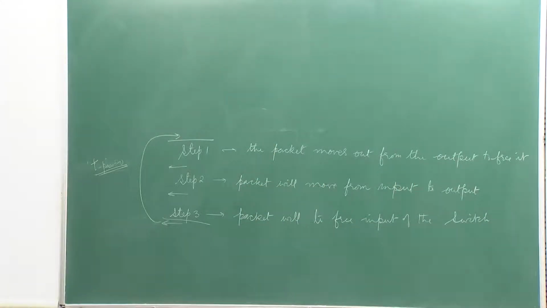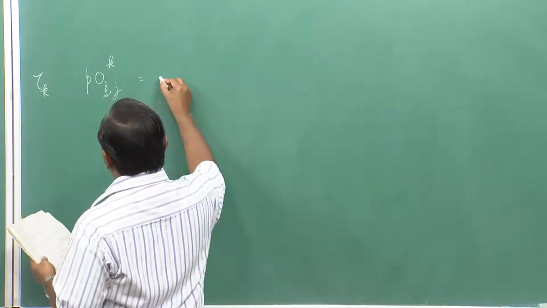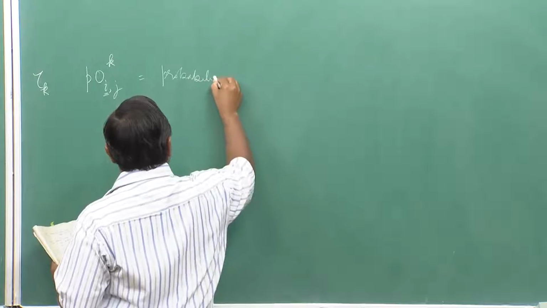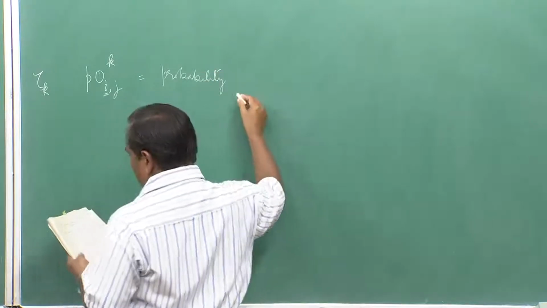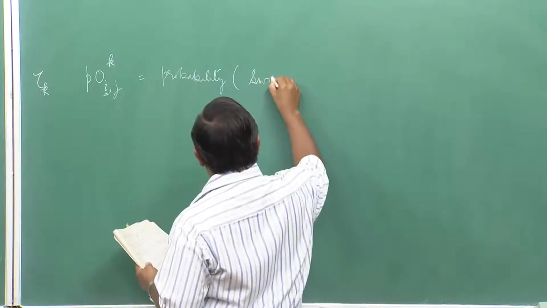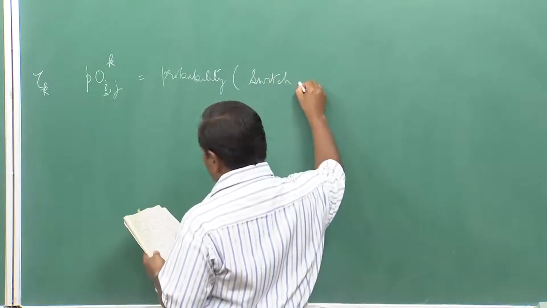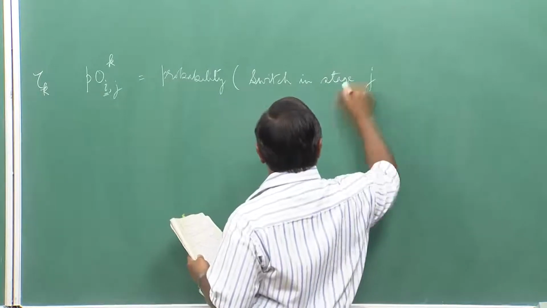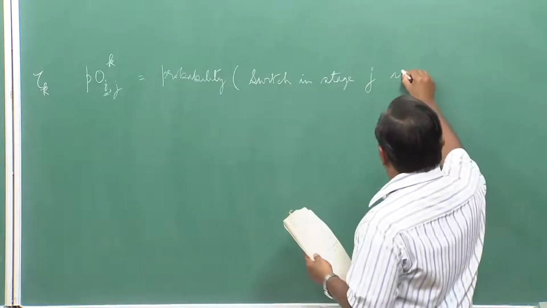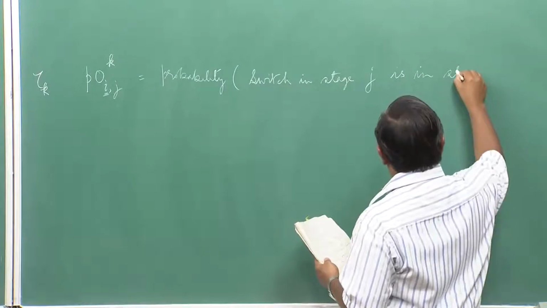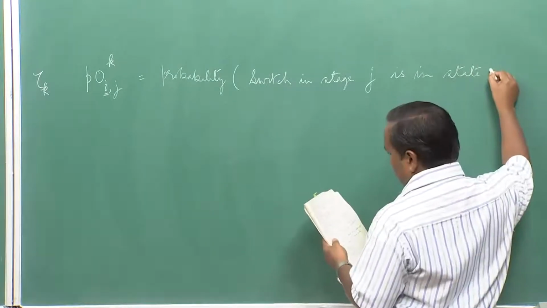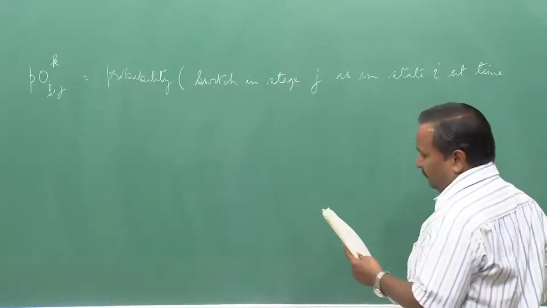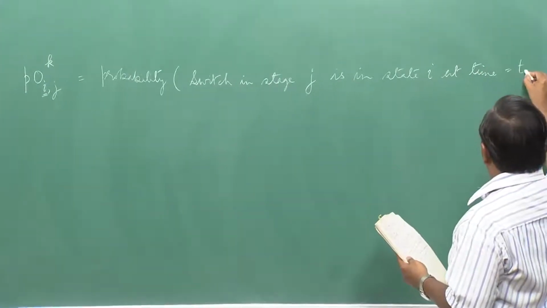So, this will be written as the probability that a switch in stage j is in state I at time is equal to Tk.